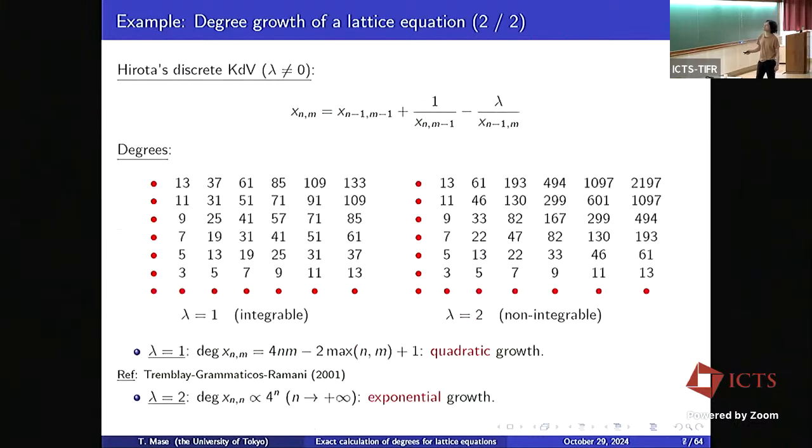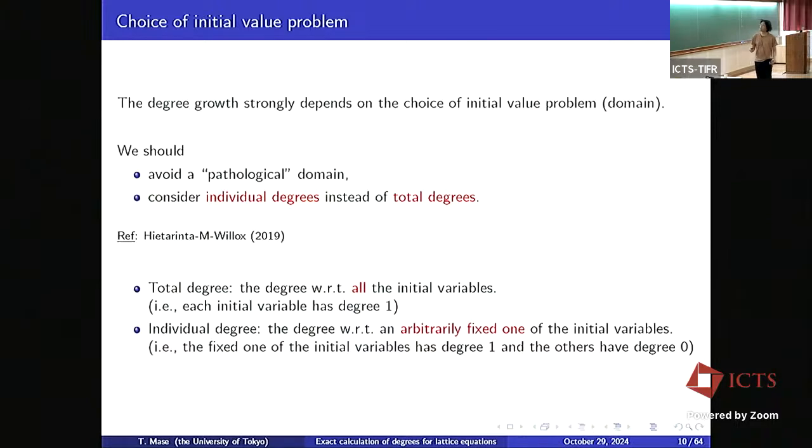The first quadrant is okay, but if you take some pathological domain, even an integrable equation like Hirota's KdV can have exponential degree growth. If you're interested in this phenomenon, I recommend this paper. So what we should do is avoid a pathological domain. I don't explain what a pathological domain is in this talk.